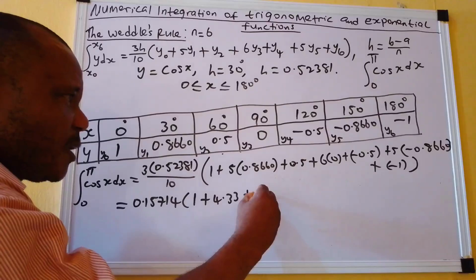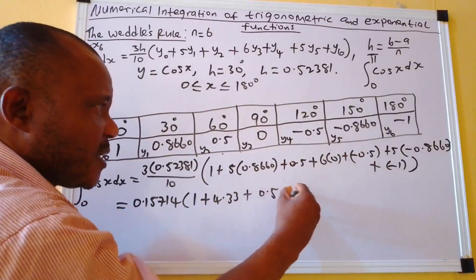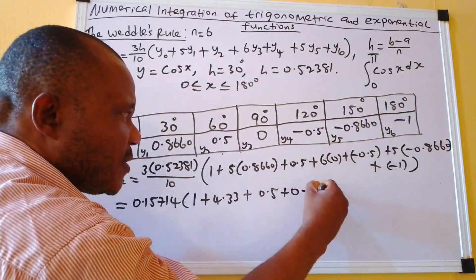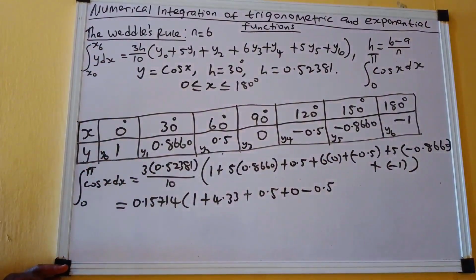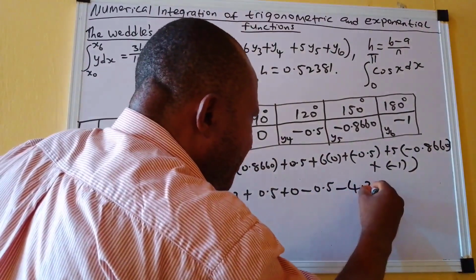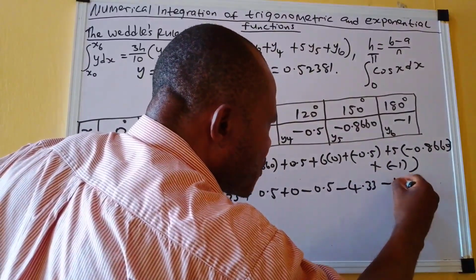Then of course plus 0.5. Then 6 times 0 is 0, plus 0. Then plus times minus will be minus 0.5. Then 5 times minus 0.8660 will give us minus 4.33. Then of course minus 1.